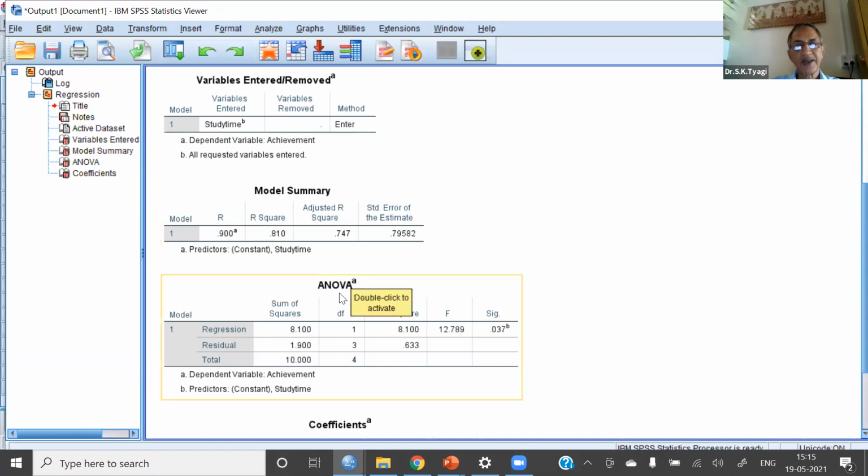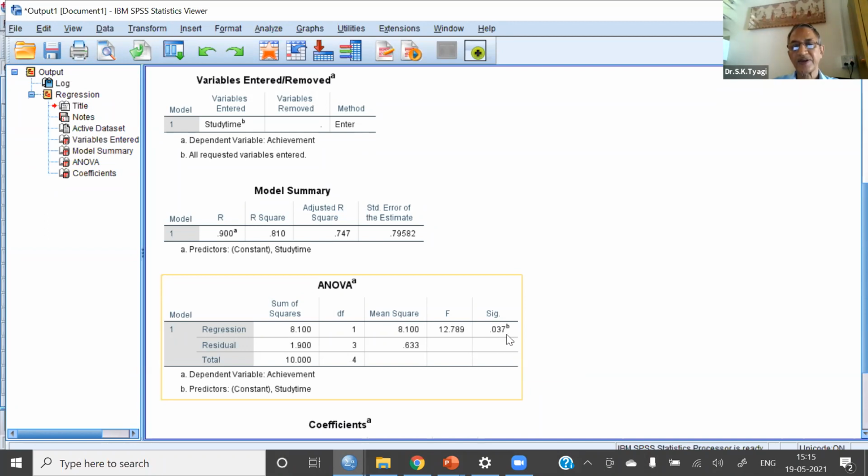The next table is ANOVA. This tells you the value of the regression ANOVA, whether the regression is significant or not, whether the independent variable contributes significantly in predicting the dependent variable or not. Now this value must be significant in order to significantly predict the dependent variable.